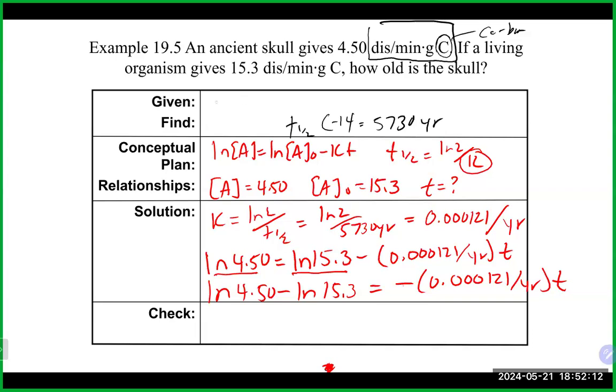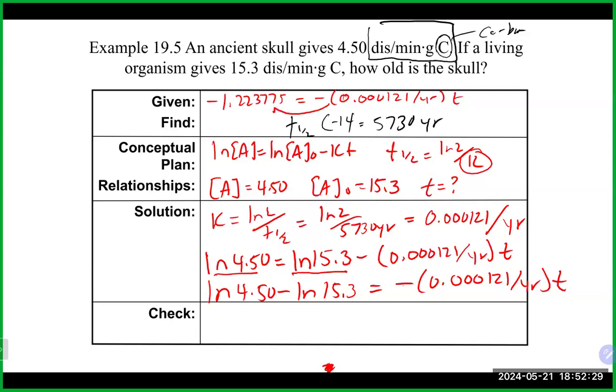Looks like negative 1.223775 equals negative 0.000121 years equals t.